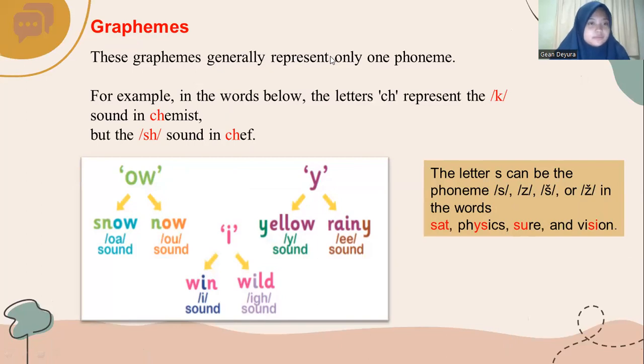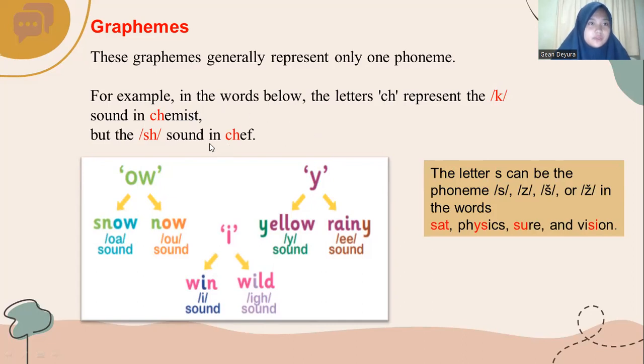However, many letters can actually stand for numerous phonemes. So we come to the example. In the word below, the letters CH represent the "k" sound in "chemist".